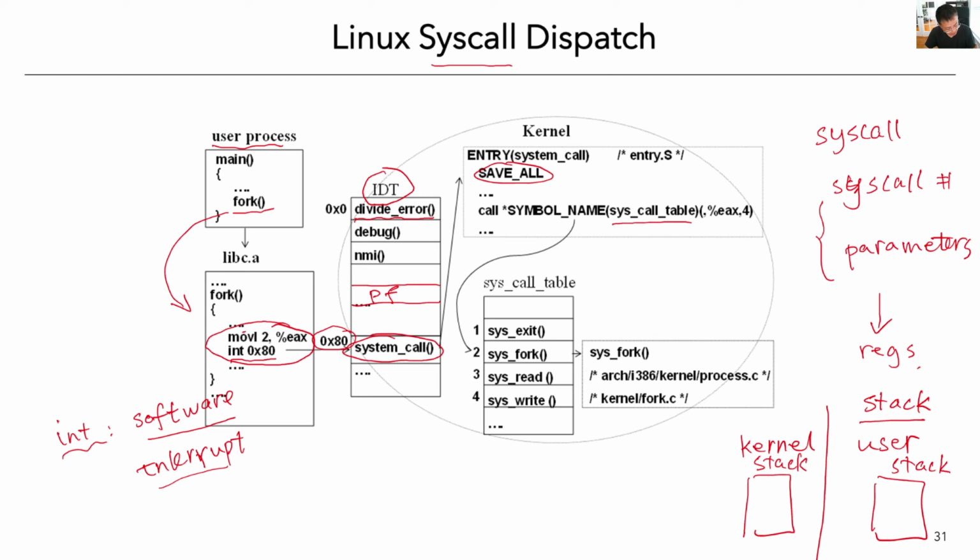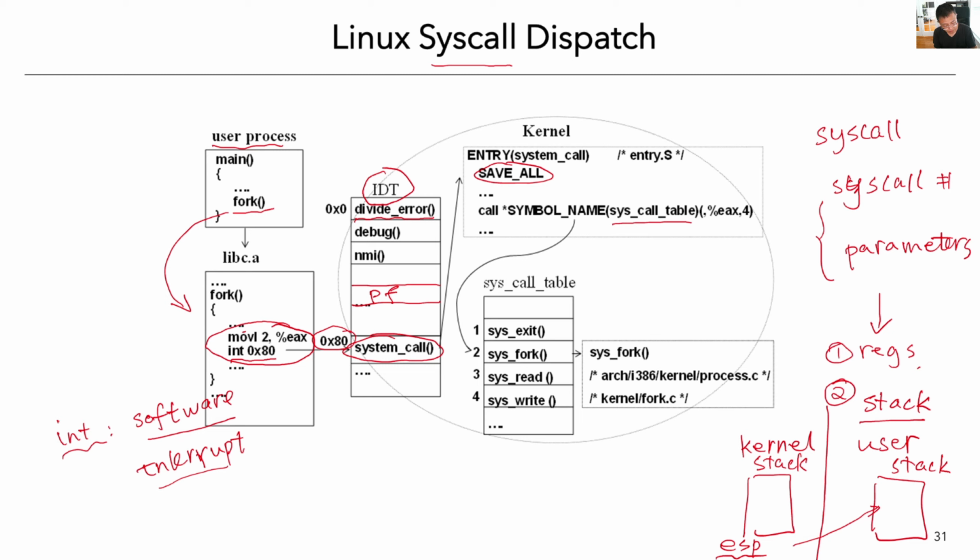But the kernel can also access the user stack, right? Because of the ESP register. When you enter the kernel, the ESP register will point to the top of the user stack. By reading from the ESP register, the kernel can access the user stack. Again, the parameters can be passed in the registers or the stack.